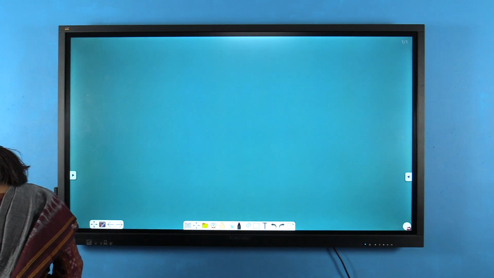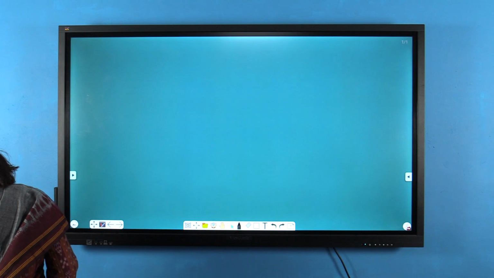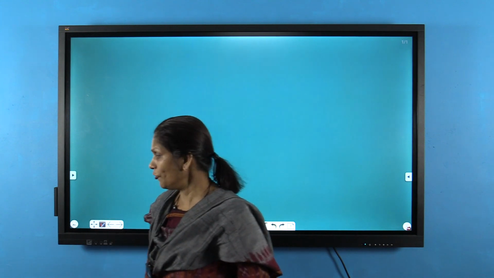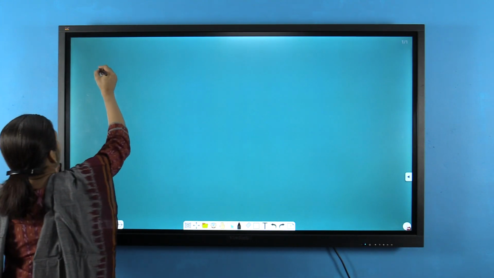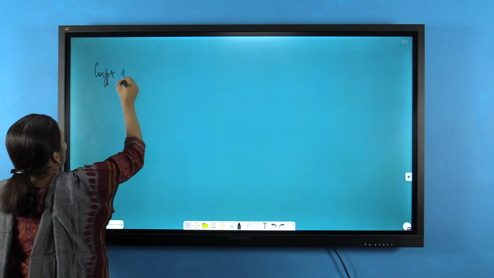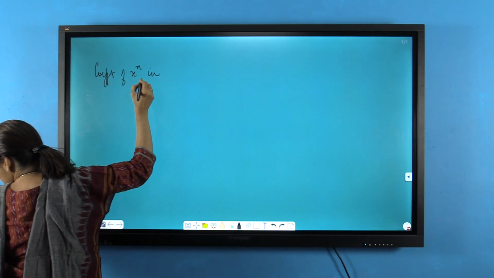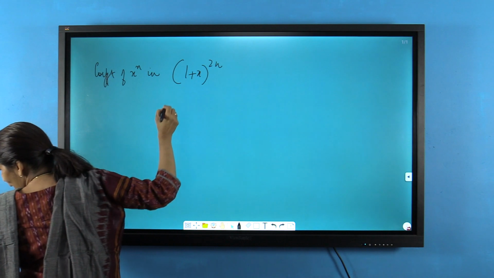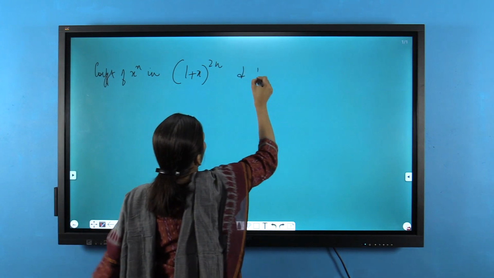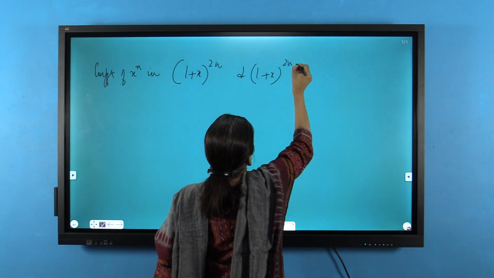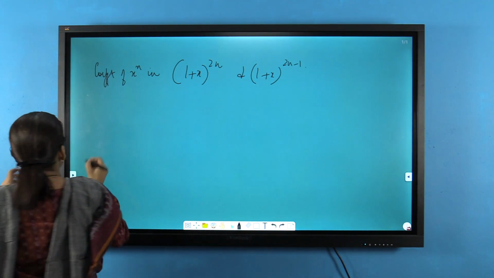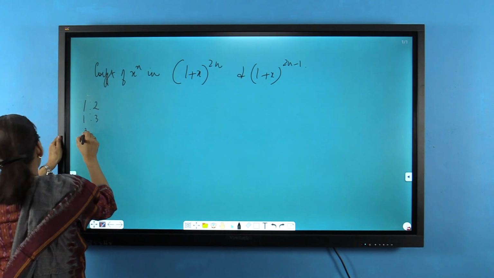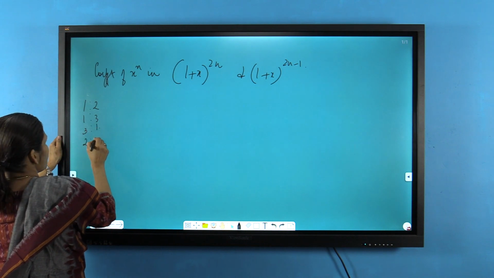Now, the next one. If the coefficient of x raised to n in the expansion of (1 plus x) the whole raised to 2n and (1 plus x) the whole raised to 2n minus 1 are in the ratio, the options are given to you: 1 is to 2, 1 is to 3, 3 is to 1 or 2 is to 1.